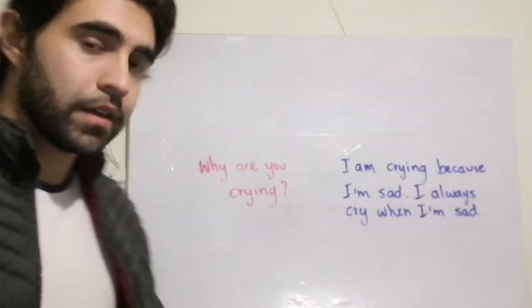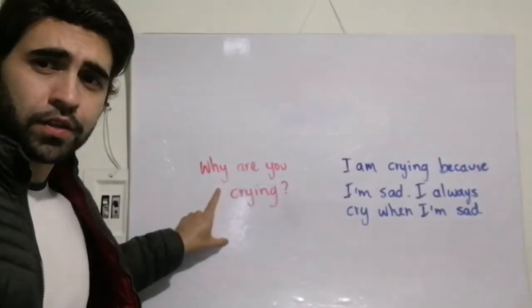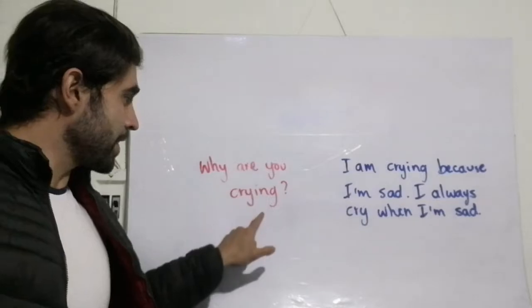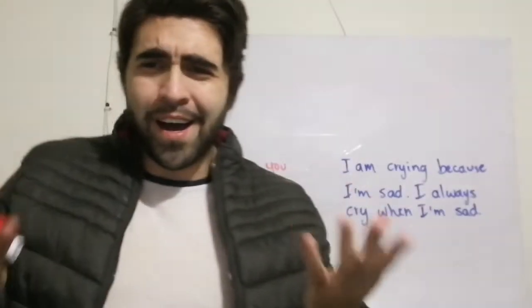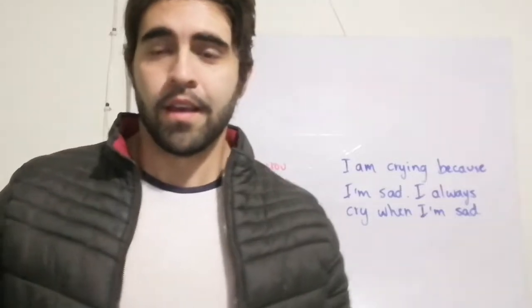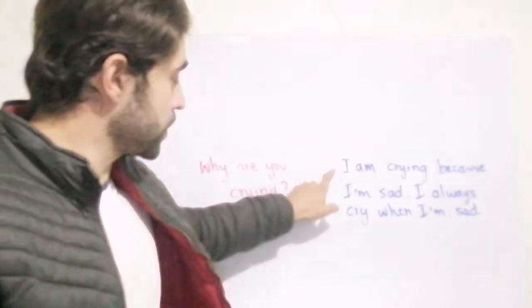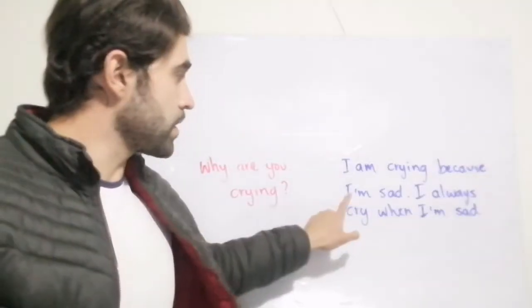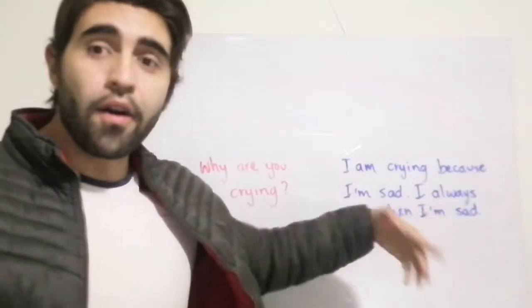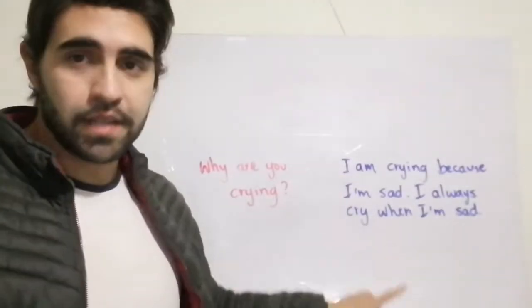Now the first question is, why are you crying? What is the reason that made you cry? And we have the answer, which is, I'm crying because I'm sad. I always cry when I'm sad.